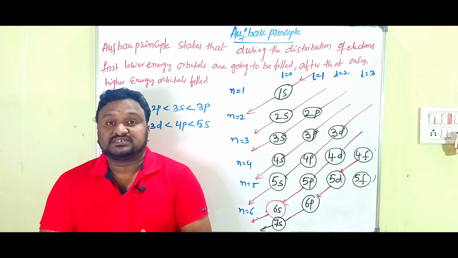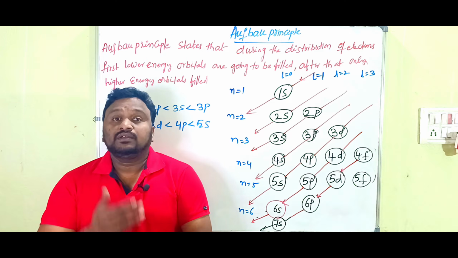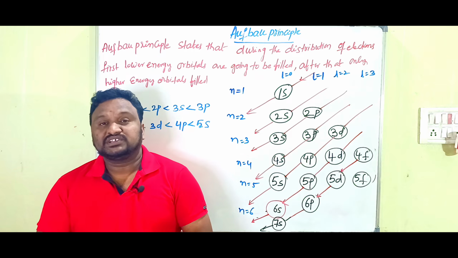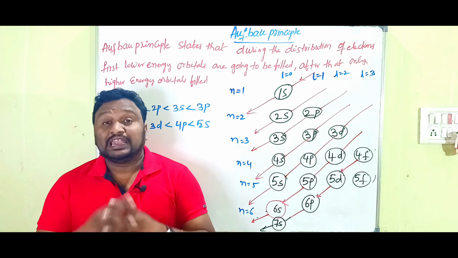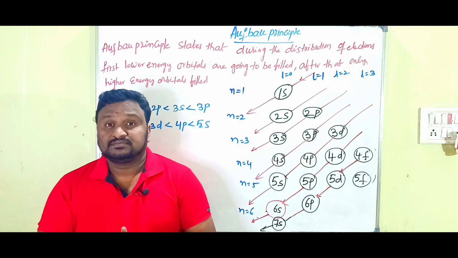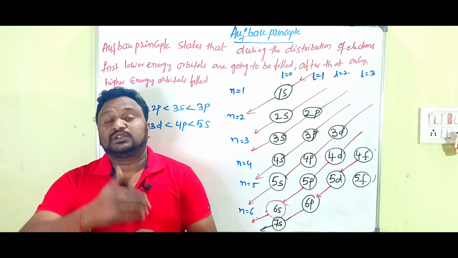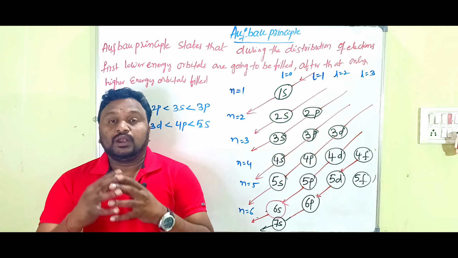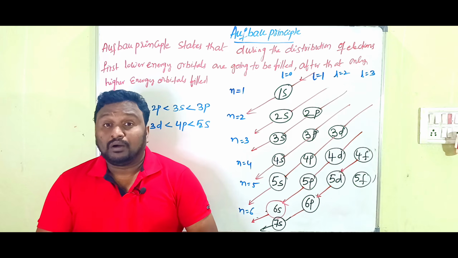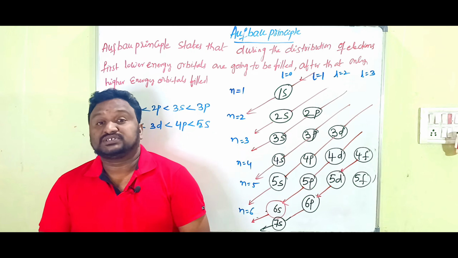So dear students, we know about electron configuration. What is electronic configuration? The distribution of electrons into the shells and subshells is called electronic configuration. While writing the electron configuration, you must follow three principles.